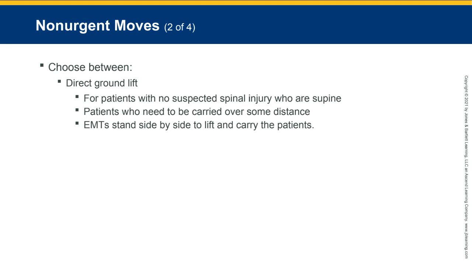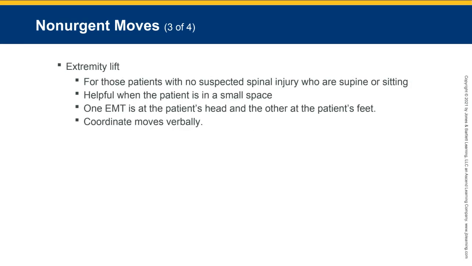That's an option. You have extremity lift for those patients with no suspected spinal injury who are supine or sitting, helpful when the patient is in a small space. One EMT is at the patient's head, the other at the patient's feet, and the movement is coordinated verbally.